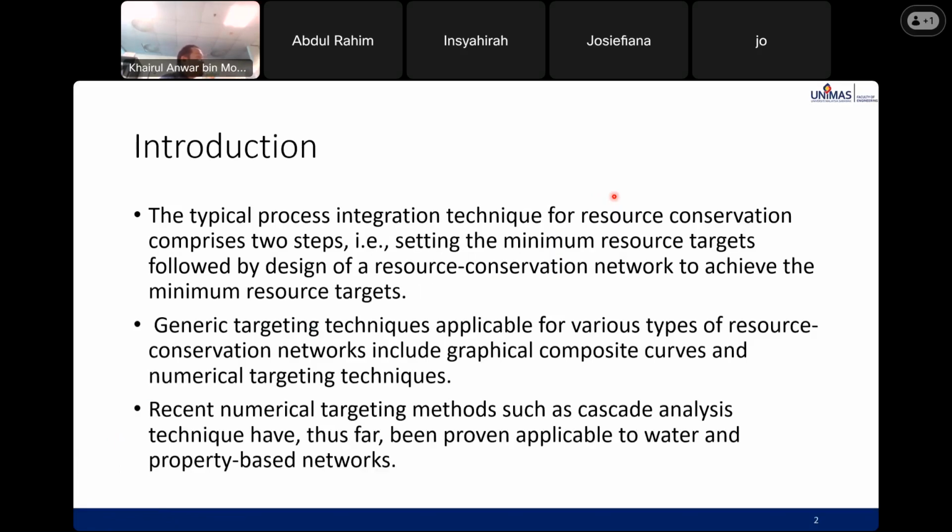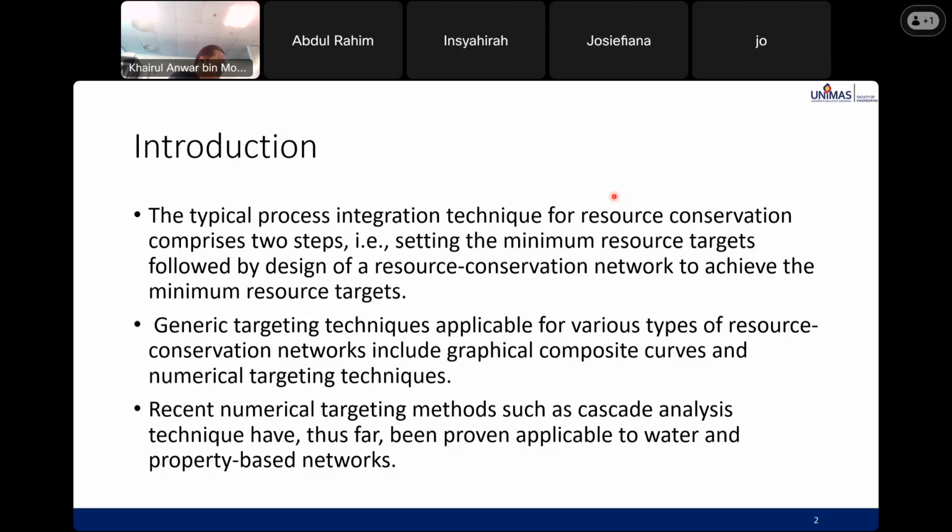The typical process integration technique for resource conservation comprises two steps. First one is to set the minimum resource target. The minimum resource target, another name is the pinch, followed by the design of a resource conservation network to achieve the minimum resource target.